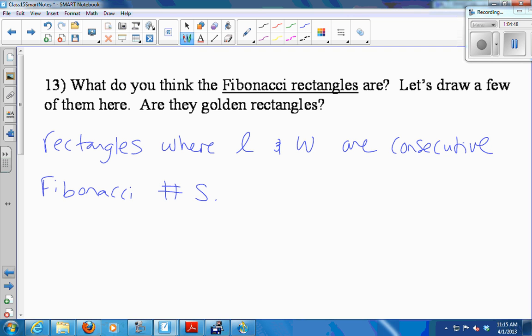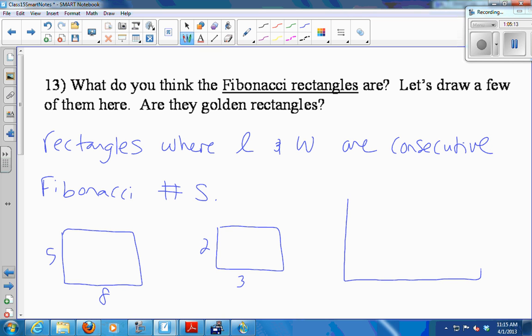Okay, so for example, we could have a 5 by 8, because 5 and 8 are two Fibonacci numbers that are next to each other in the list. Or we could have 2 by 3. 2 and 3 are Fibonacci numbers right next to each other in the list.